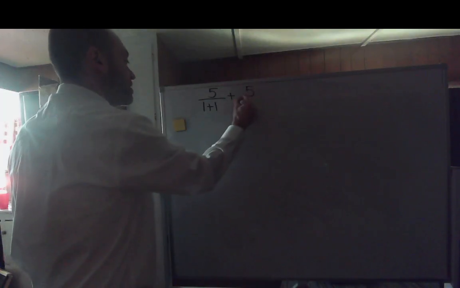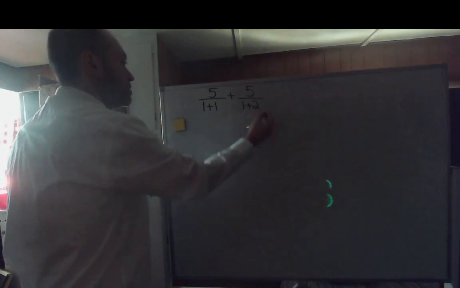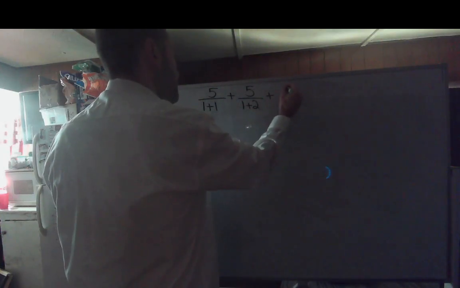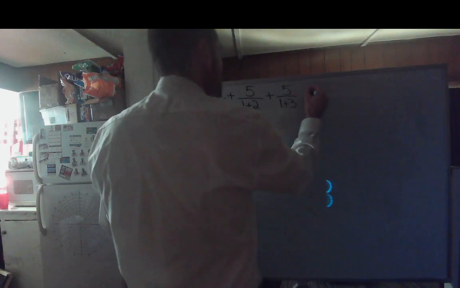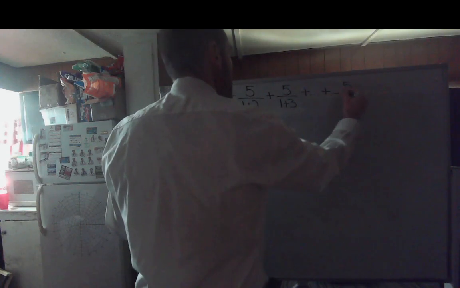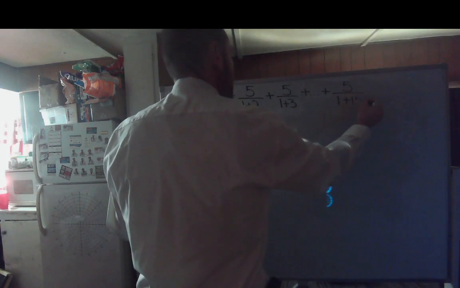All right, let's do a few more of these. Okay, let's see. So we have 5 over 1 plus 1, plus 5 over 1 plus 2, plus 5 over 1 plus 3, plus dot dot dot, plus 5 over 1 plus 15.